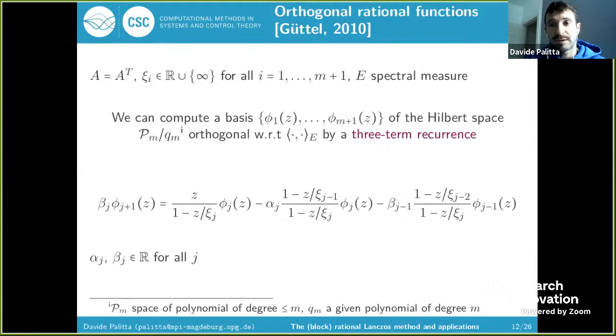Maybe yes, but there are probably some technicalities that need to be adjusted. But since A is symmetric, the spectrum is real, so why do we want to go for complex shifts? That's my question. Also when we run rational Arnoldi on symmetric matrices, we usually restrict ourselves to real shifts.